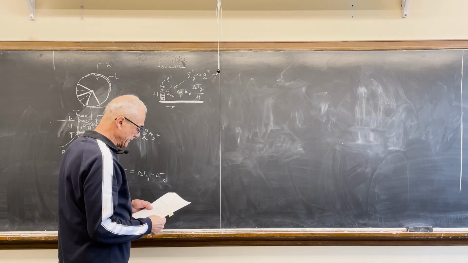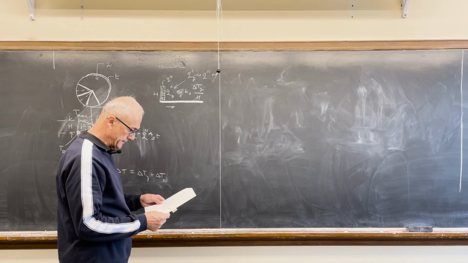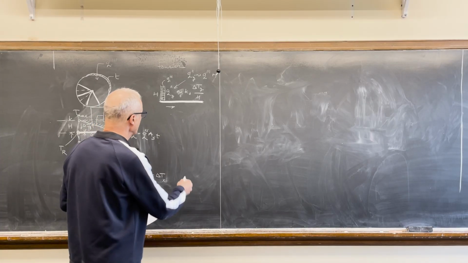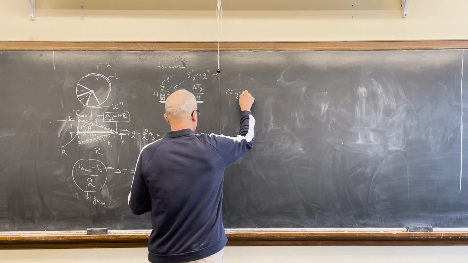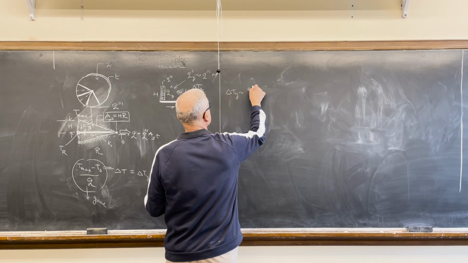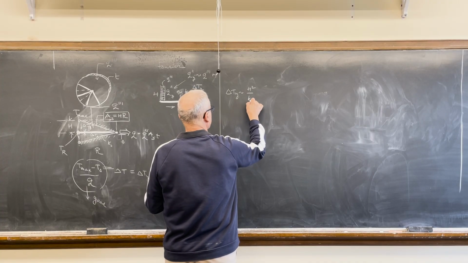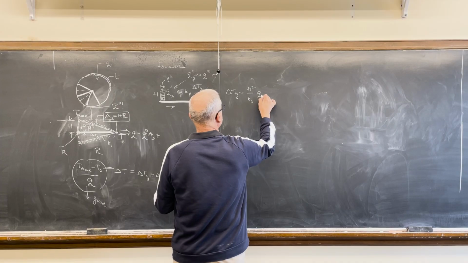You make the same move, well, let me not hurry. You end up with the estimate that delta Ty is of the order of h squared over K0, and then Q triple prime.